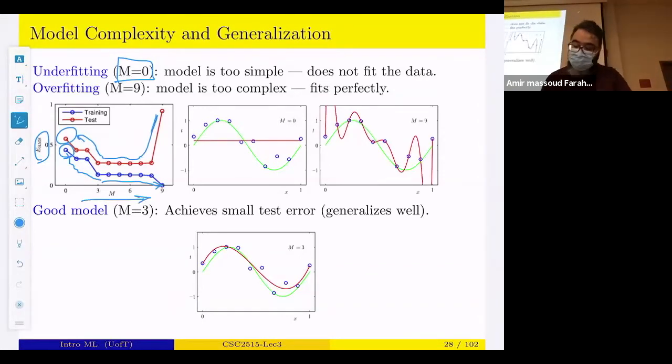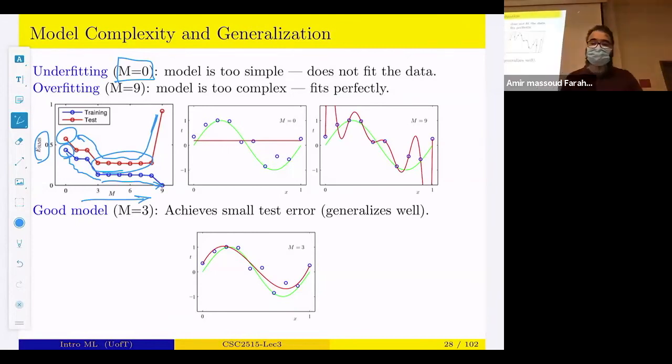You see that when M is 9, it is not performing well at all. At some point in between, like when M is equal to 3 or 4, the training error is relatively small, it's not 0, but the performance on test data is also good.